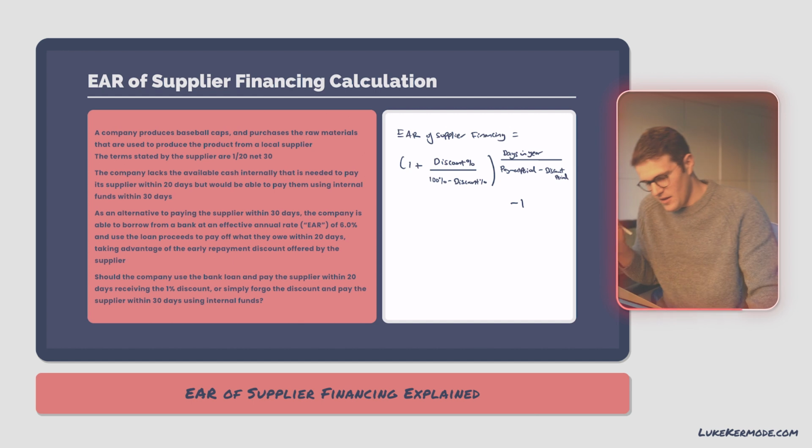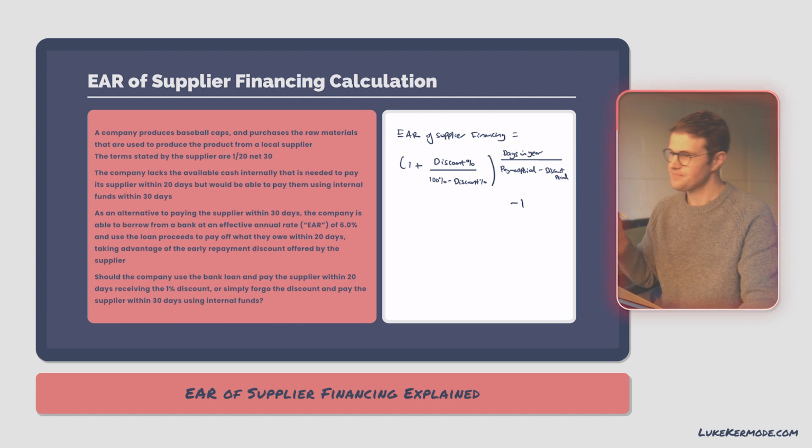So yeah, the effective annual rate is equal to 1 plus the discount rate, and that discount rate is divided by 100% minus the discount rate, and then all of that is calculated to the power of the number of days in a calendar year divided by the number of days in the payment period total minus the number of days in the discount period.